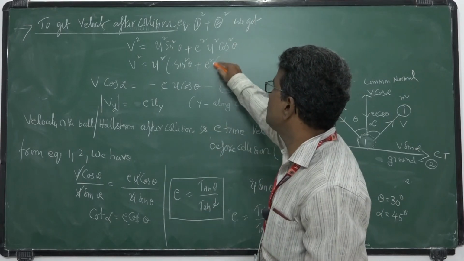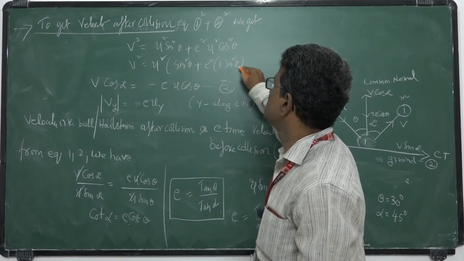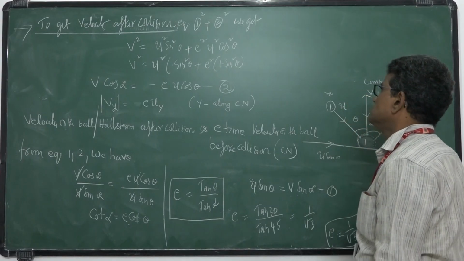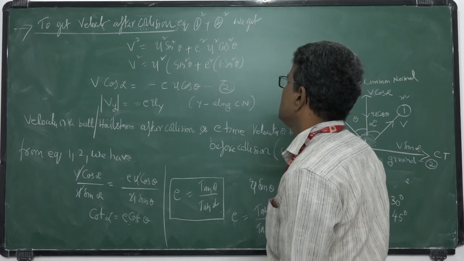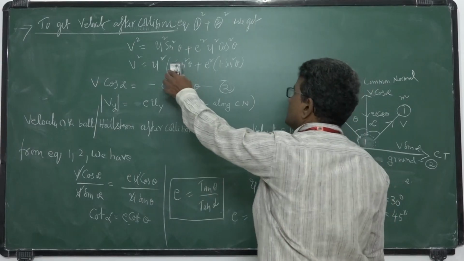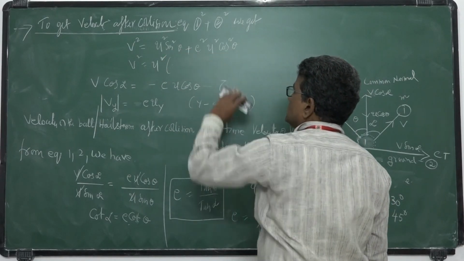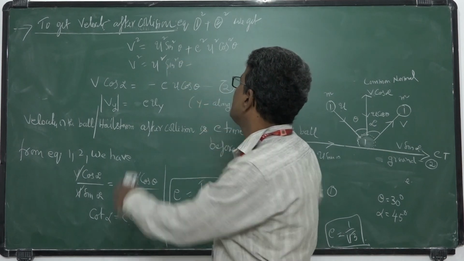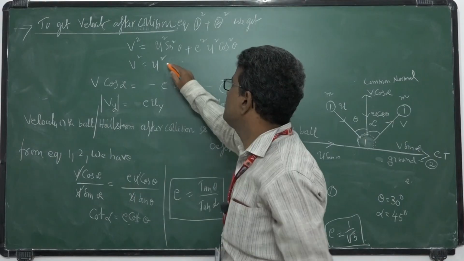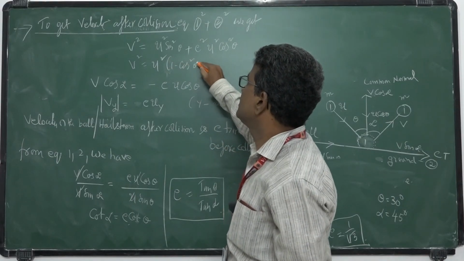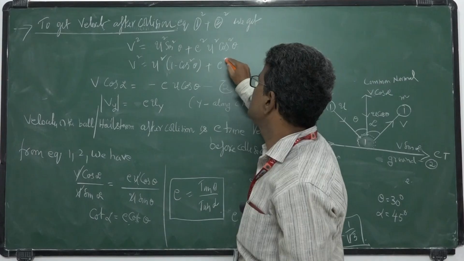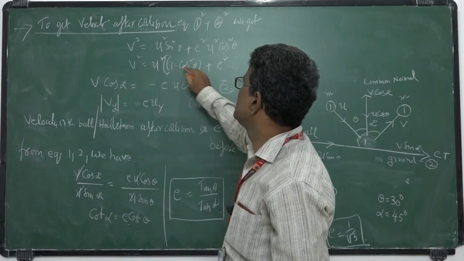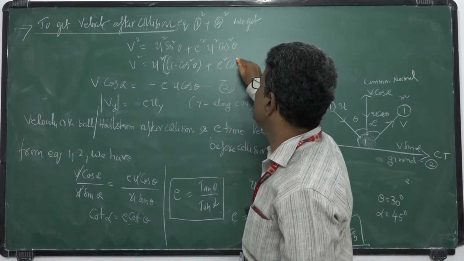Taking U square as common, we get sin square theta plus e square cos square theta. Instead of sin square theta, I am writing 1 minus cos square theta. So U square into 1 minus cos square theta plus e square cos square theta.